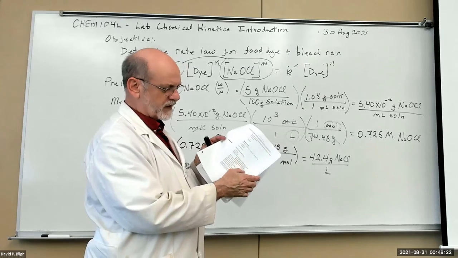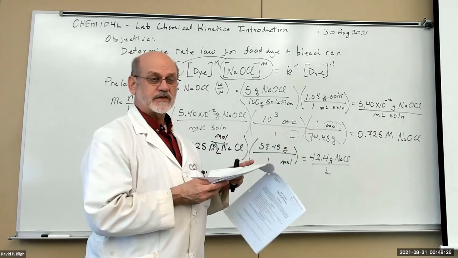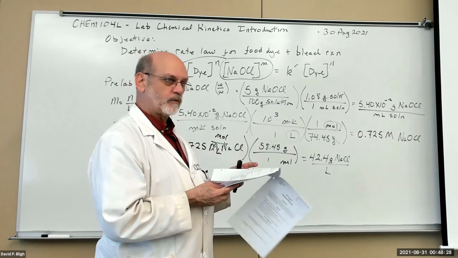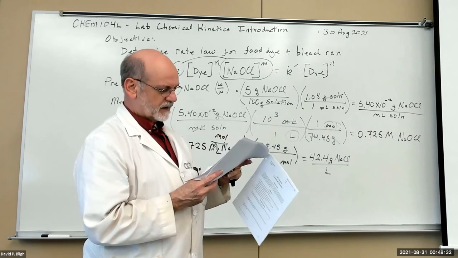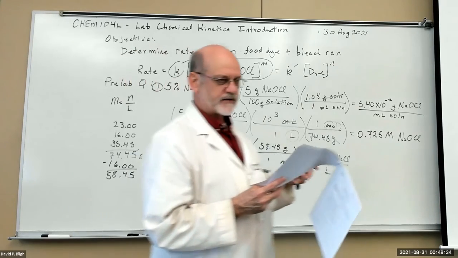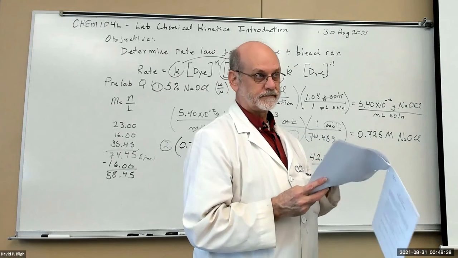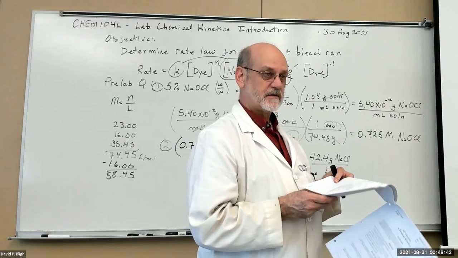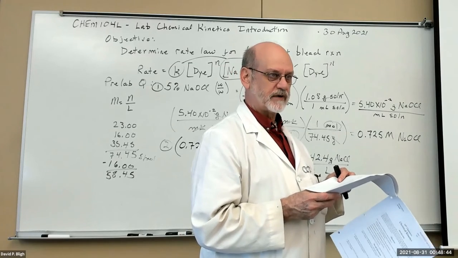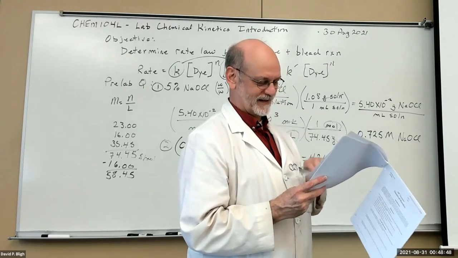Notice that I've got the red crossed out. When we have lots of students in the class, we can have one group doing red and one group doing blue. We're just going to use the blue dye. And the blue dye has already been mixed up. It's been diluted and it's ready to go. So you can write that into your procedure as this is how it was prepared, but the instructor did it for us. That type of thing.